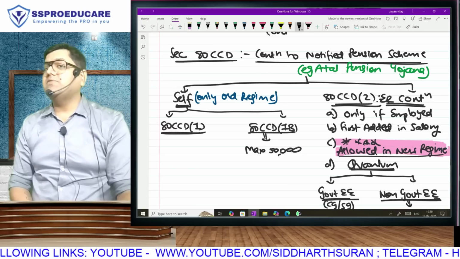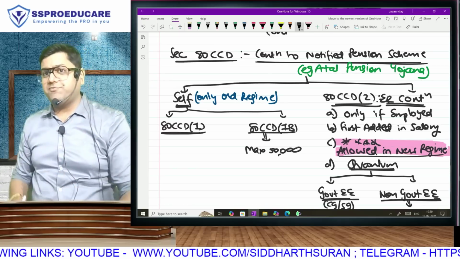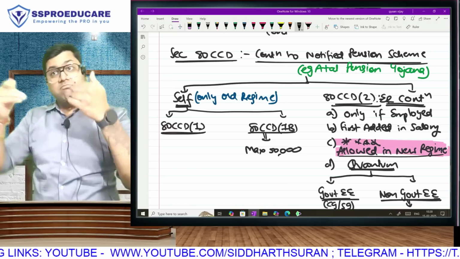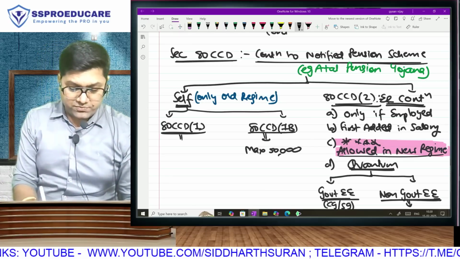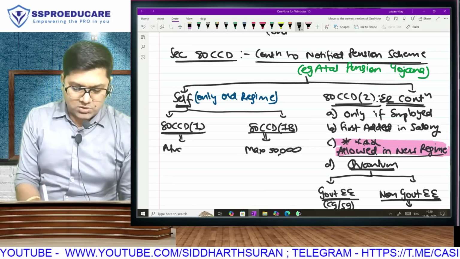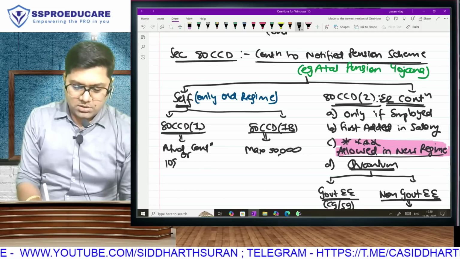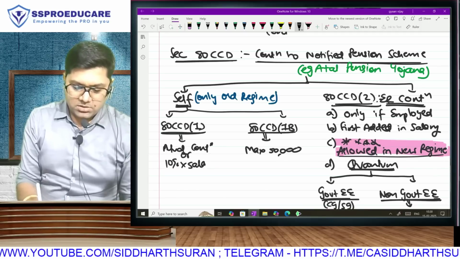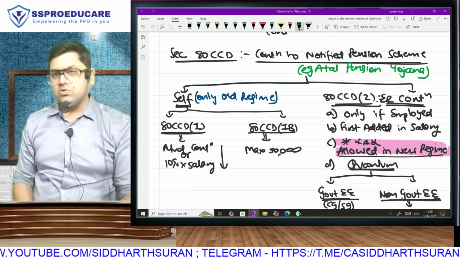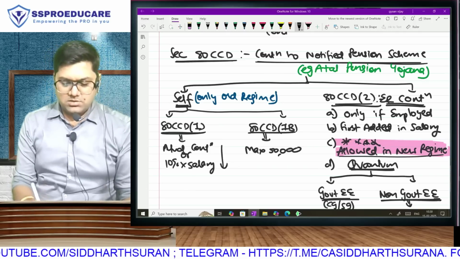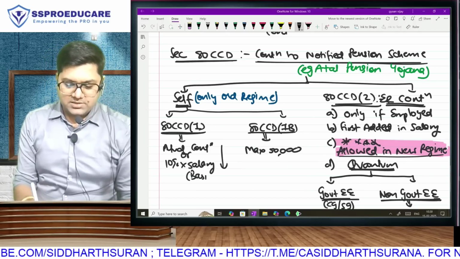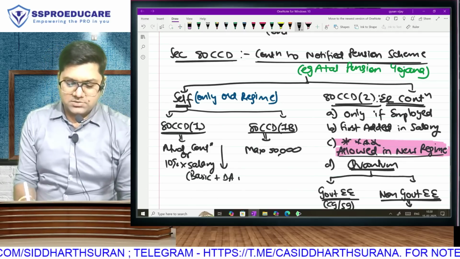And subsection 1 is separate. That 50,000 is separate. Under subsection 1, you can take a deduction of the actual contribution, subject to a maximum limit, or 10% of your salary, whichever is lower. Salary is again the same: basic plus DA in terms.